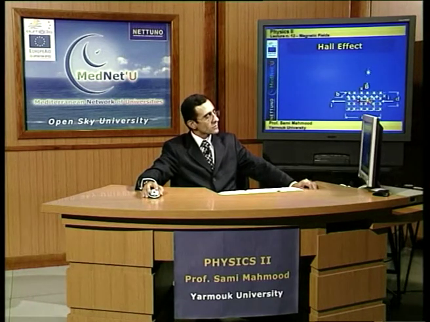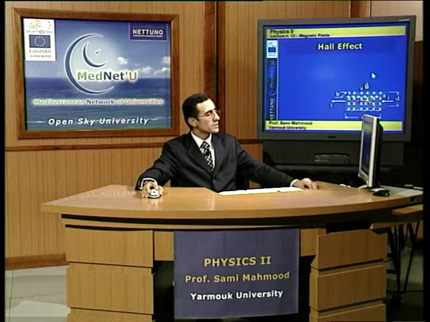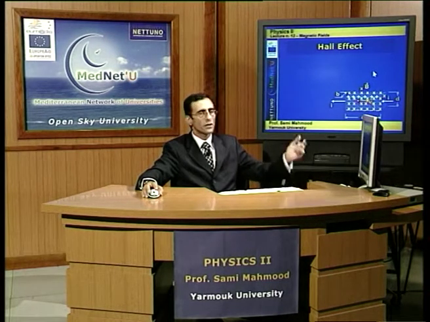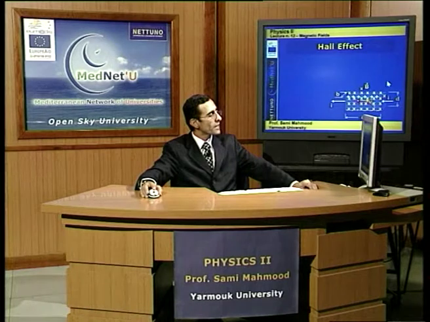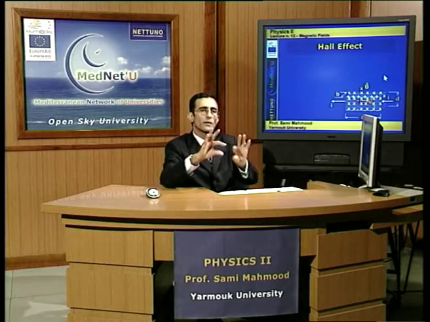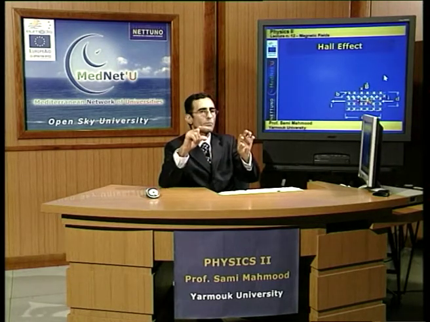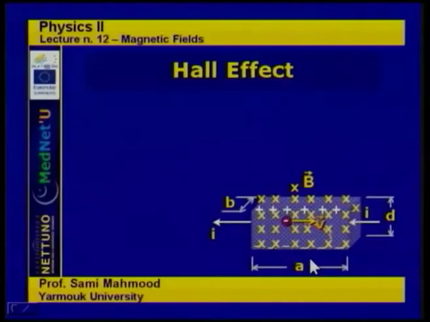In order to explain the Hall effect, how it works, and how we can use its results for various applications, we consider a strip of metal. For the time being, let's consider that this strip of metal is a parallelepiped, rectangular on each side, and the dimensions of the rectangles are not necessarily the same.